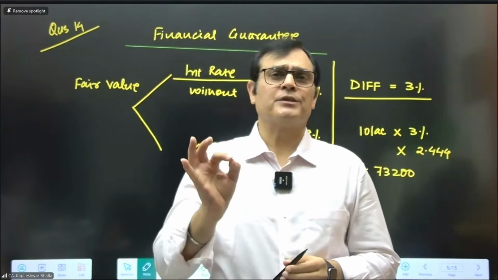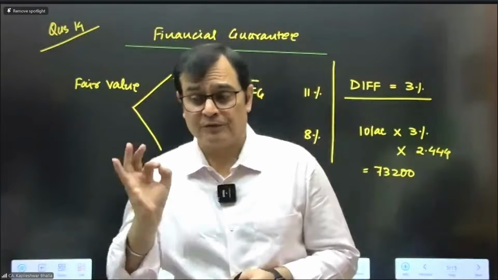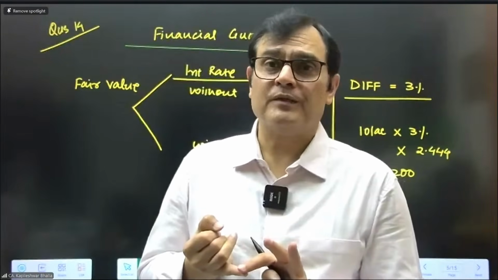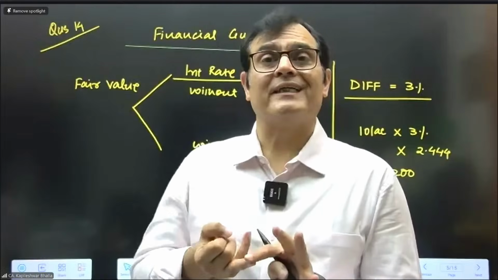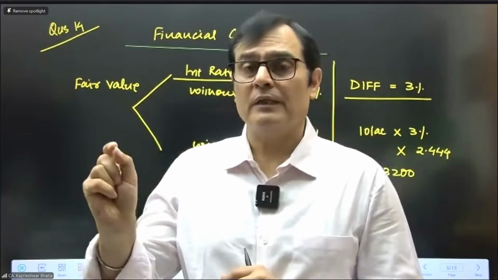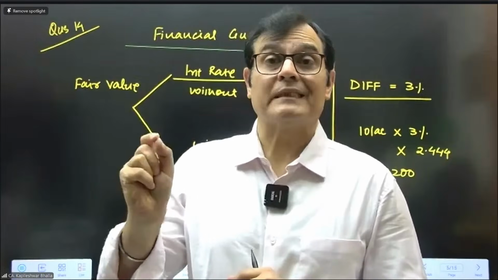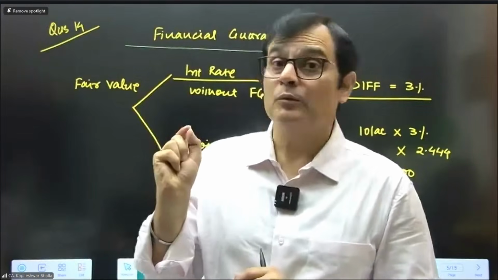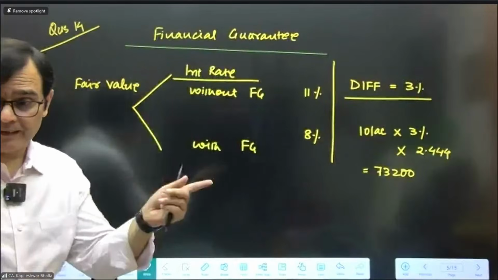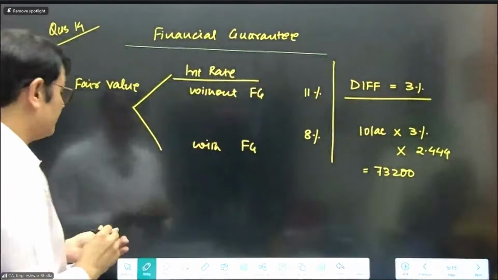Are you going to consider the lower of the two or the greater of the two? You need to consider the amortized value of this liability, and the provision for ECL, that if there is a default, what is the provision for an expected credit loss, whichever is lower or higher. That's right, the higher of the two.